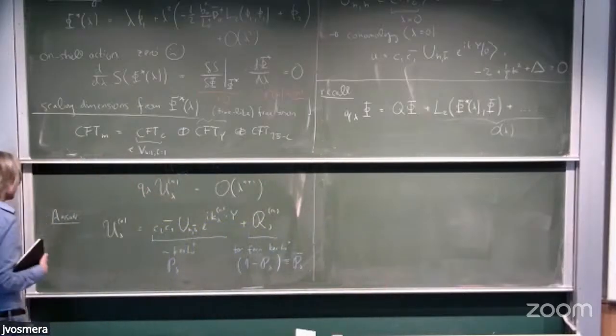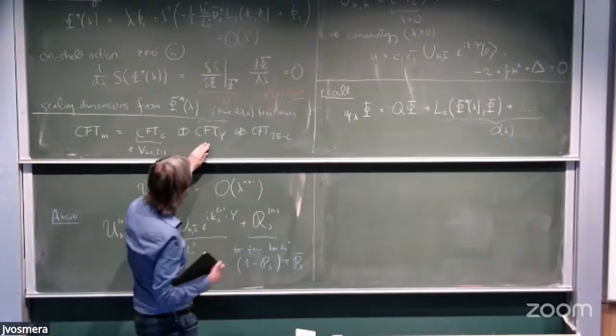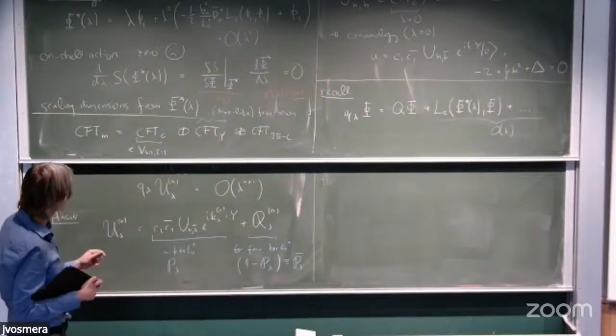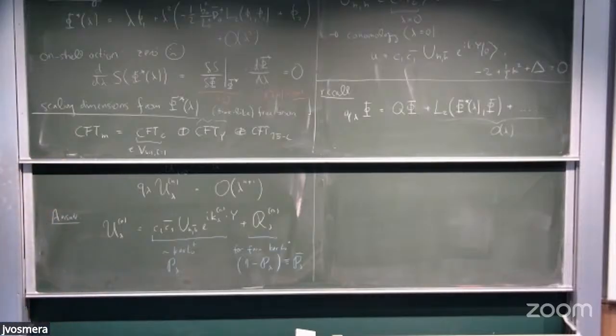So the idea is that the classical solution phi star, which we are turning on, since it is induced just by the state in the direction of the CFTC, which we're interested in, right? The idea is that the CFT of the free boson just remains undeformed. So all the deformation happens just in the CFTC, right?